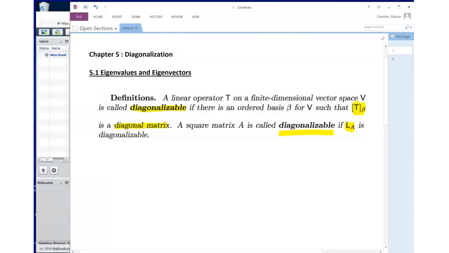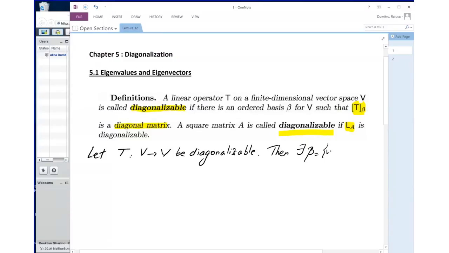Okay, so what does this exactly mean? Let's say that T from V is diagonalizable. According to the definition, the matrix of T in some basis beta is diagonal.